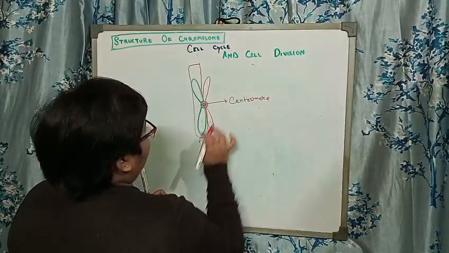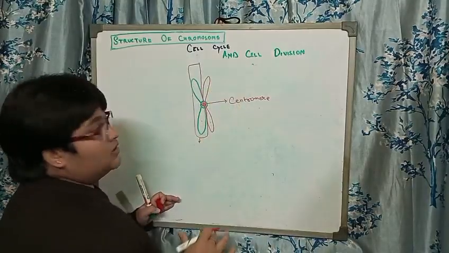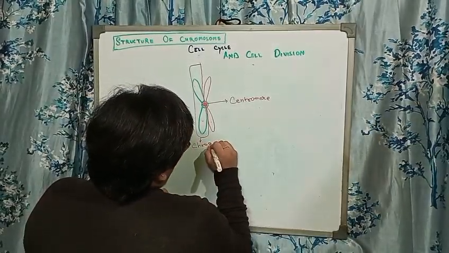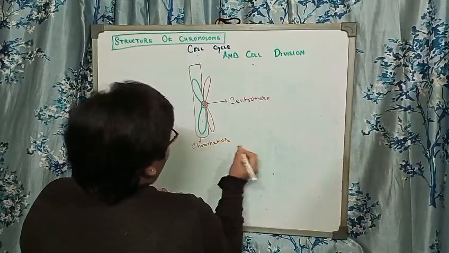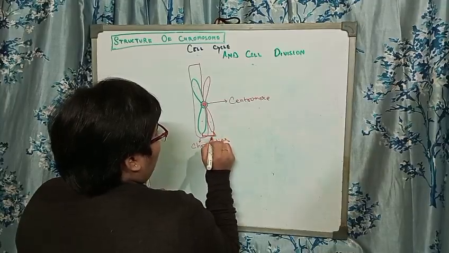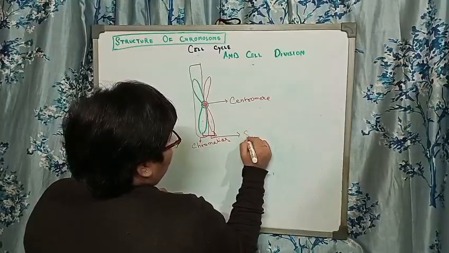It is one chromatid and this is the other chromatid. Fine. So these are chromatids. These two chromatids are known as sister chromatids.